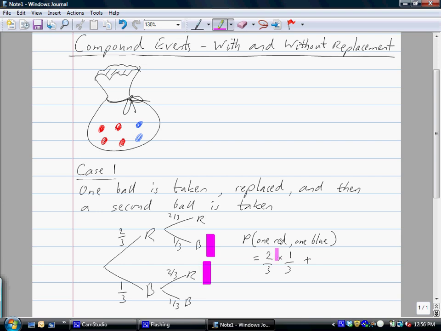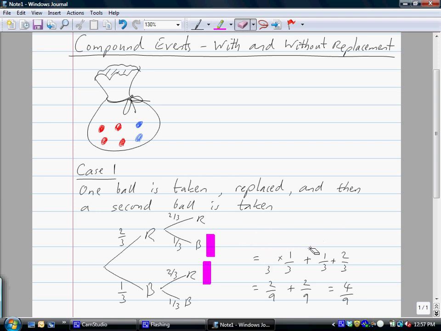So this is the red and blue here. Or blue and red. So that would be 1/3. Okay, that gives me the blue. And then the red one after that is 2/3. And then working this out, well, I've got 2/9 plus 2/9, which is 4/9. Okay, so the probability of them being different colours is 4/9.